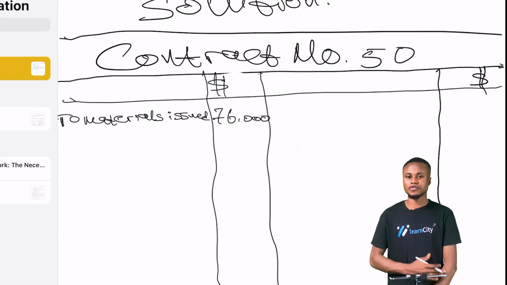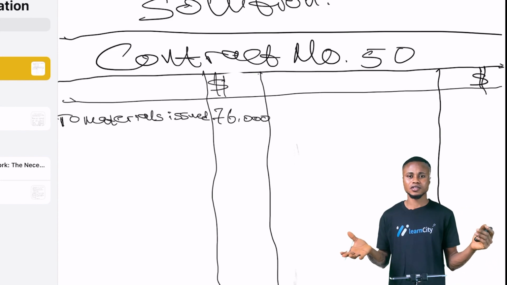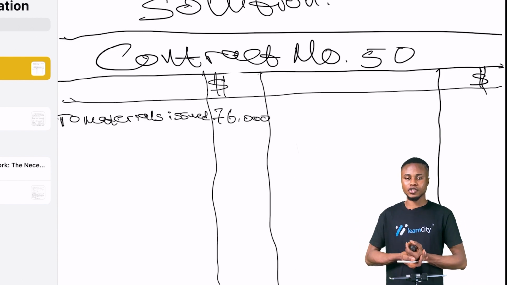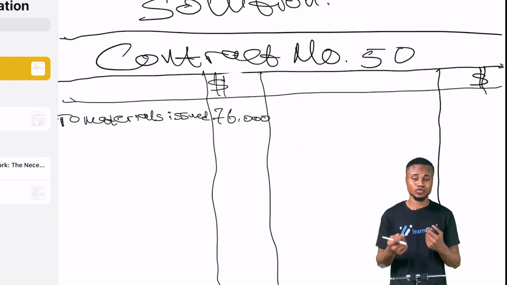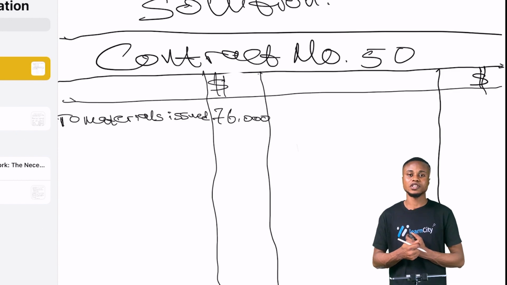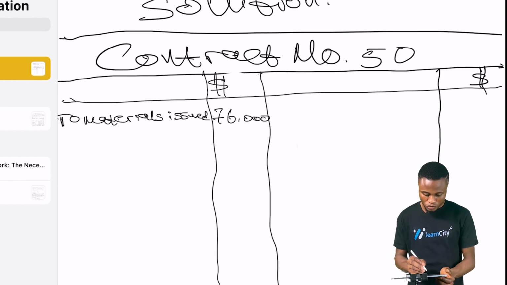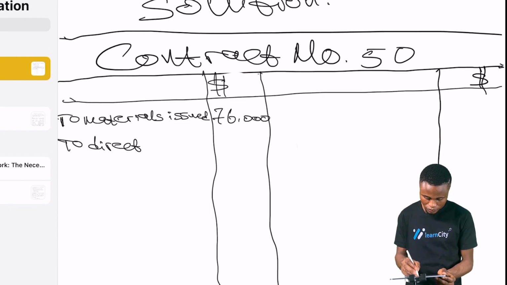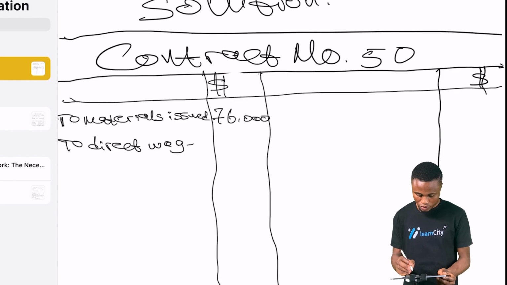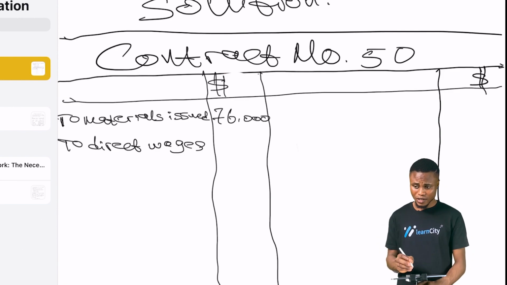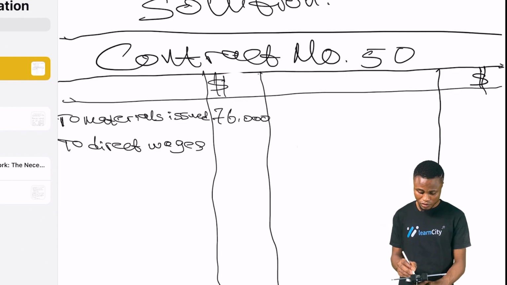I mean, the wages of those that are directly related, whose effort is shown in the contract, their wages have to be on the debit side of the contract account because the law says debit the receiver and credit the giver. So, to direct wages, and it is 80,000 US dollars.